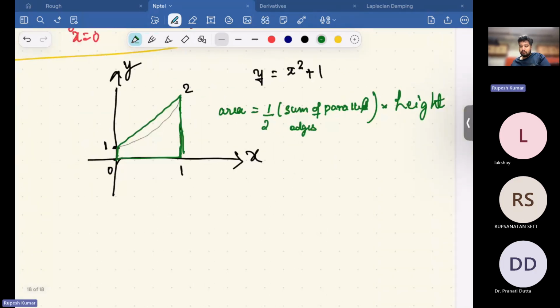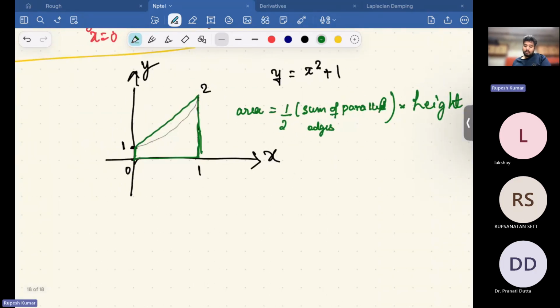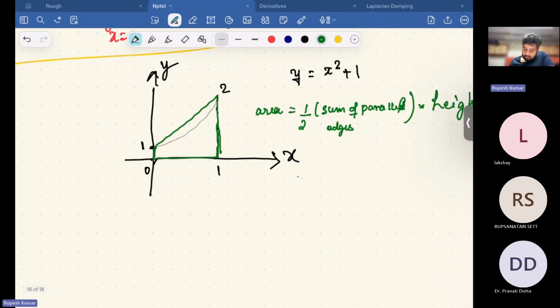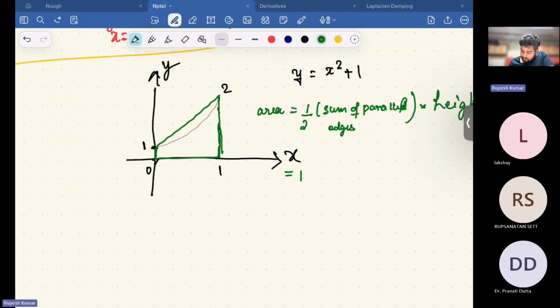You can use this formula simply to compute the area of this trapezium, which is essentially half into this height, f of 0, plus this height, f of 1, into the height, which is x 1 minus x 0, so 1 minus 0, right? So now you can use this approximation to find the area under this curve.